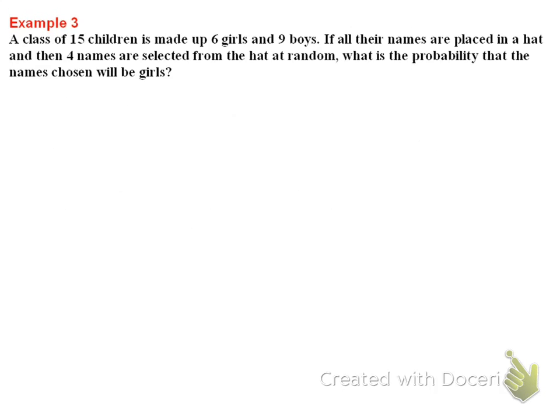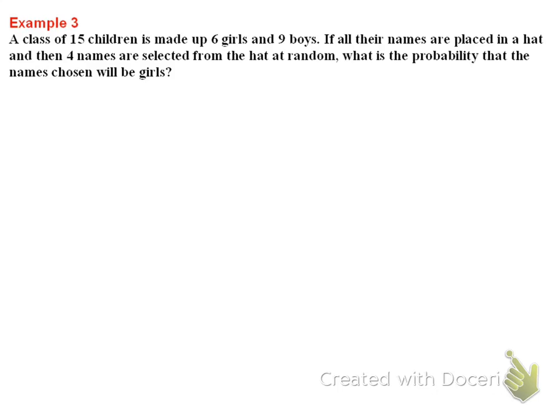Okay, our next example gets a little bit more complex, and we'll have to revisit the concept of combinations. So this one says a class of 15 children is made up of 6 girls and 9 boys. If all their names are placed in a hat and then 4 names are selected from the hat at random, what is the probability that the names chosen will be girls?